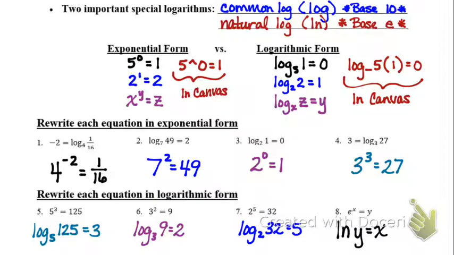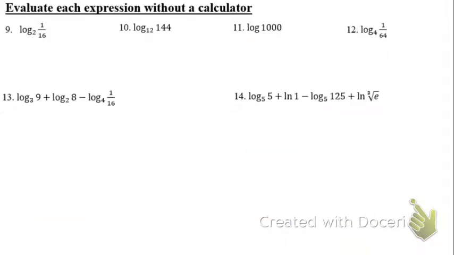All right, down at the bottom of your page, we are going to evaluate these without the use of a calculator. So these first 4, 9 through 12 are at the bottom of your page. 13 and 14 are at the top of the back side. So when I'm answering these, what we're looking for is the exponent.